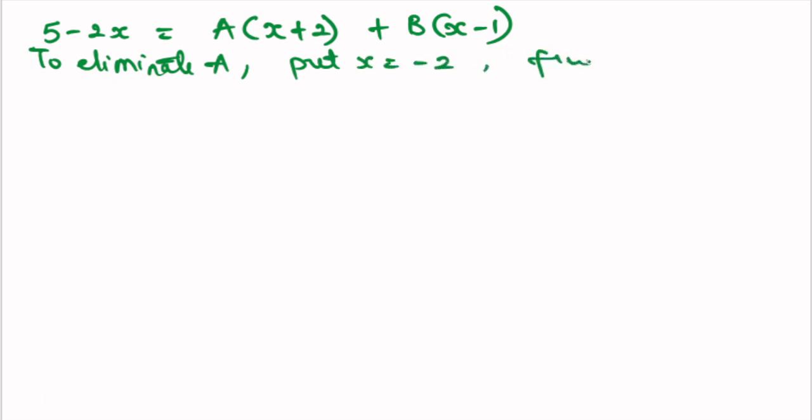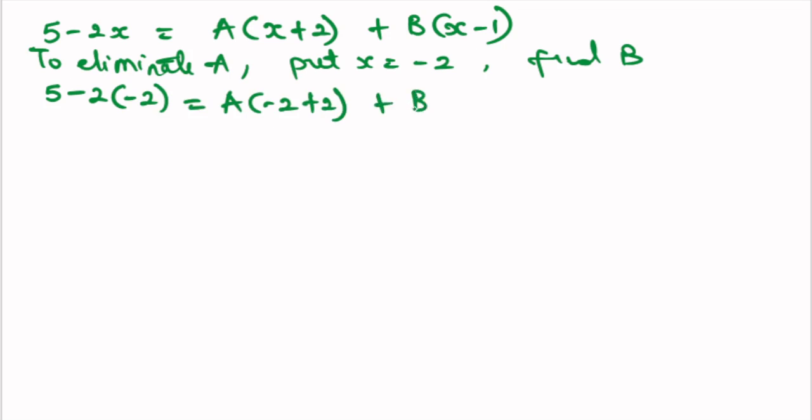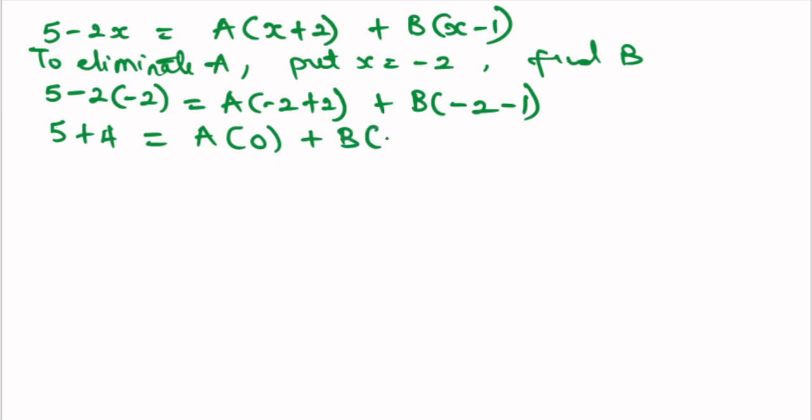That way, we are finding B. Comes 5 minus 2 into bracket minus 2 equal to A bracket minus 2 plus 2 plus B bracket minus 2 minus 1. 5 minus 2 times minus 2 gives us plus 4 equal to A into bracket minus 2 plus 2 is 0 plus B into bracket minus 2 minus 1 is minus 3.